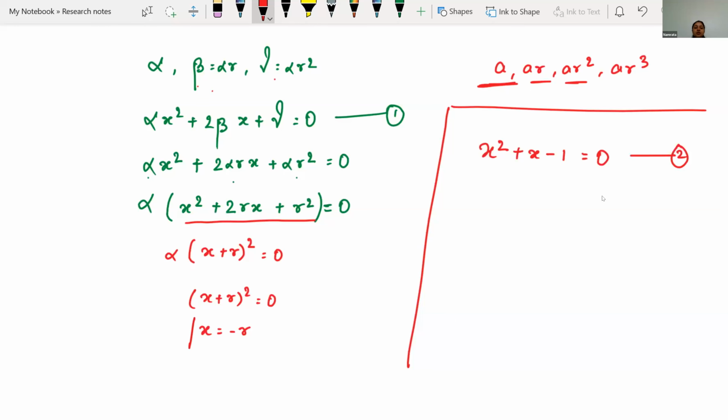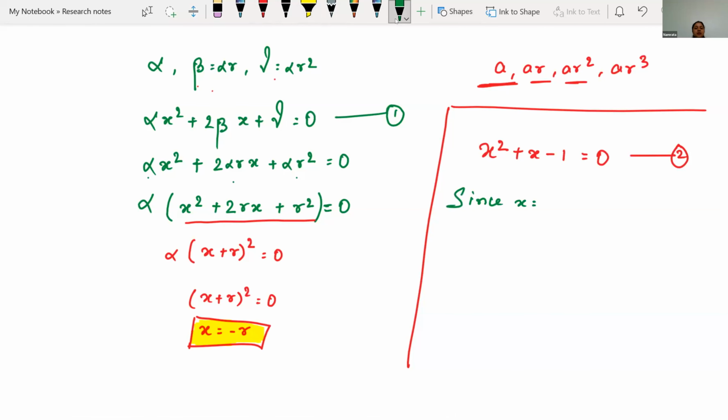So this is one of the roots. Root means whatever value of x we are getting. If we are getting x as minus r, that is one of the roots, and since both have the same common root, this is also a root of equation number 2, right?